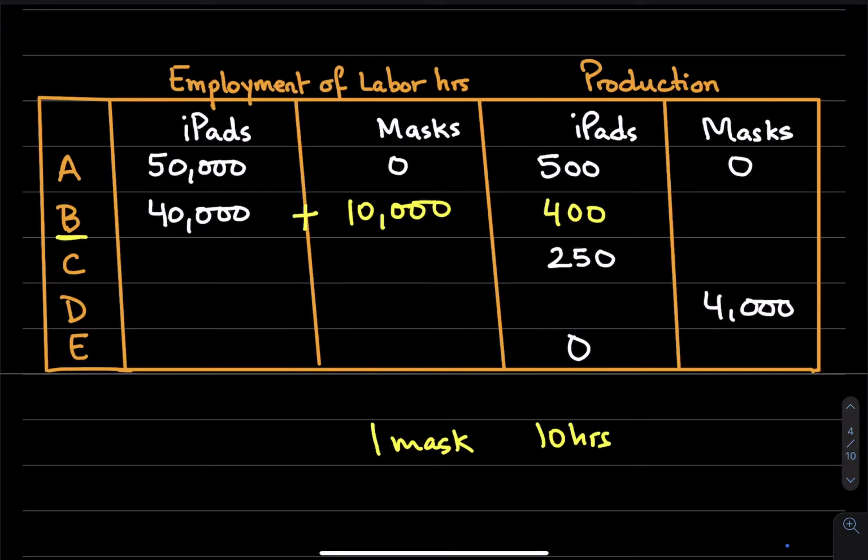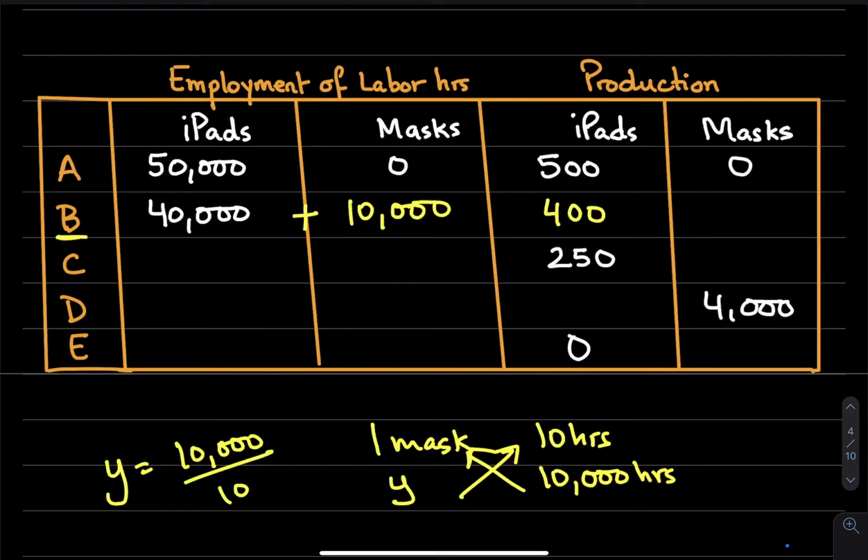If we want to calculate how many masks, let's say this is Y, how many masks can we produce with 10,000 hours, you're again going to cross multiply, and you're going to get Y equals 10,000 divided by 10, which is equal to 1,000. So we're going to put the number 1,000 here.